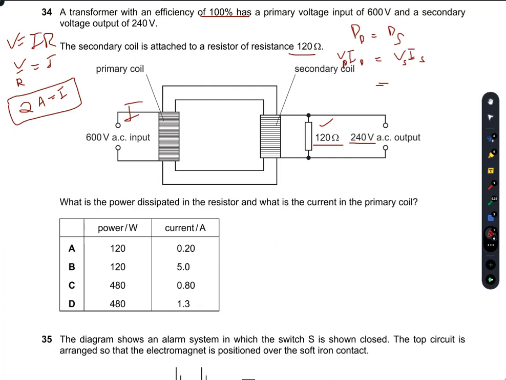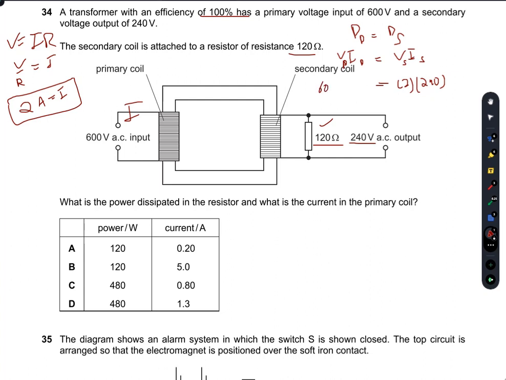So there is a total current of 2 amperes passing through the secondary coil and the voltage is 240, so the power is 480.